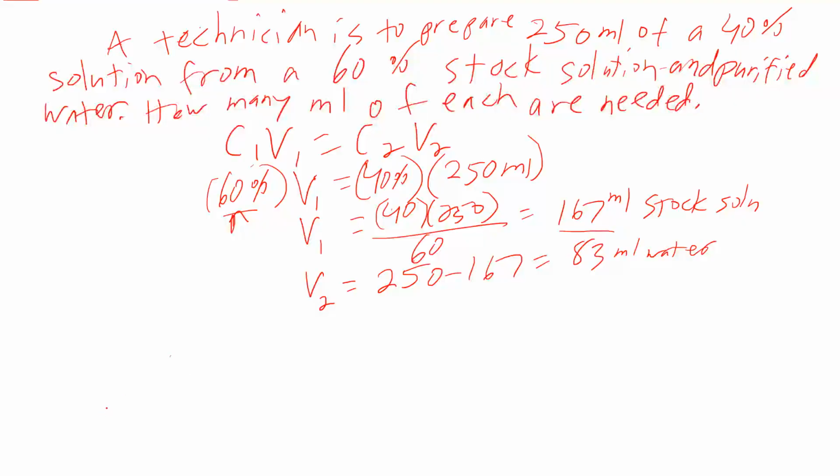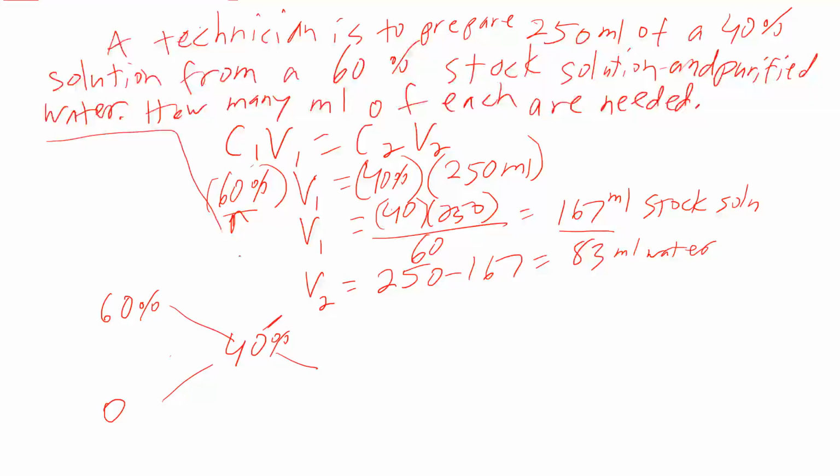So we can always check our work. We can use the alligation method. We already know that water is 0. We know that 60% is the higher percentage that we're using, and we want the final to be 40%. Okay, you know what?